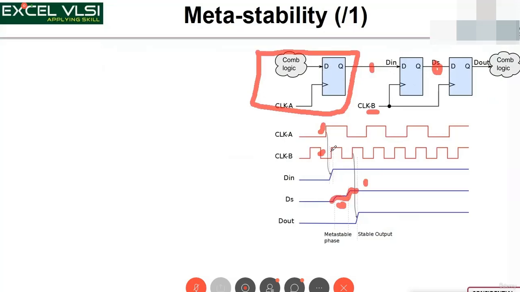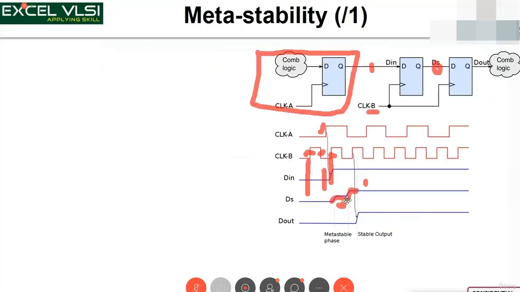When you are sampling with respect to the positive edge, if D is changing exactly at the positive edge of the clock, I am not sure whether it meets the setup time required for sampling. It is an asynchronous input, so anytime it can come. With this, you will get an output which is not predictable.